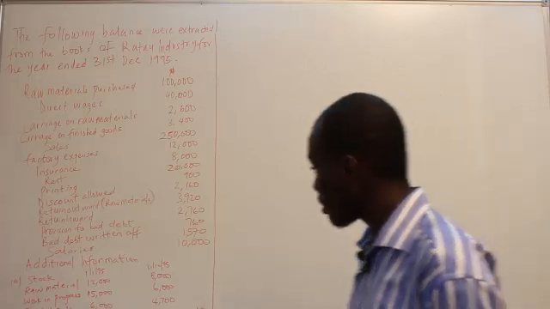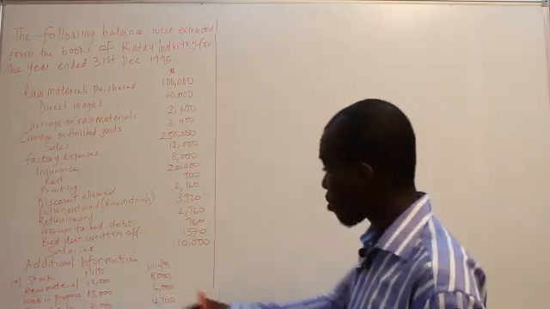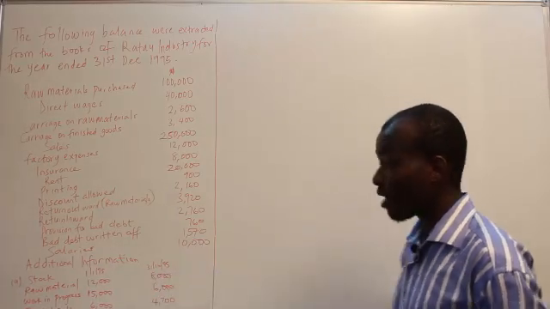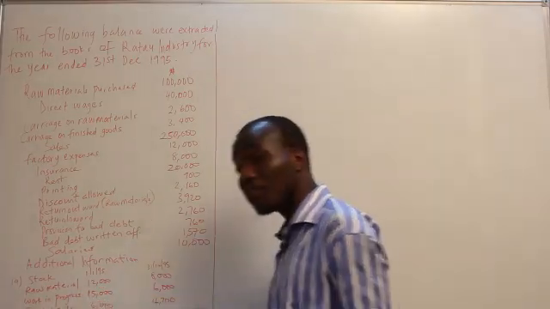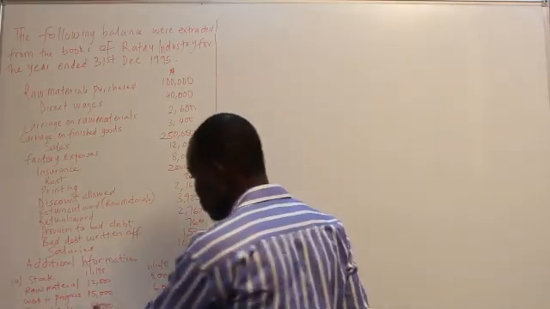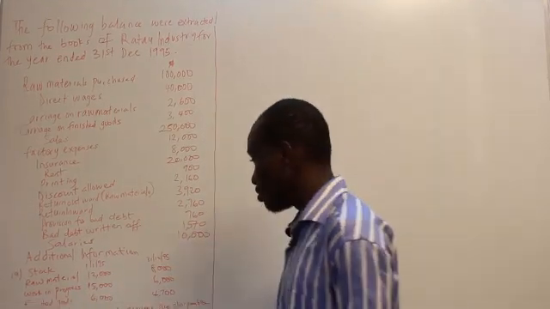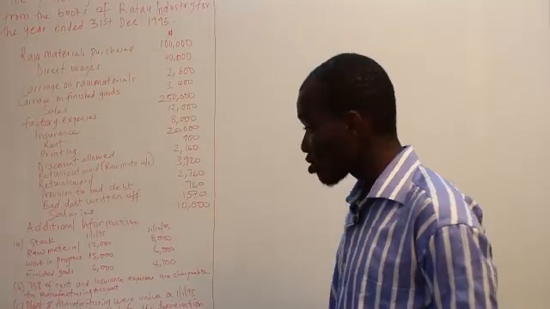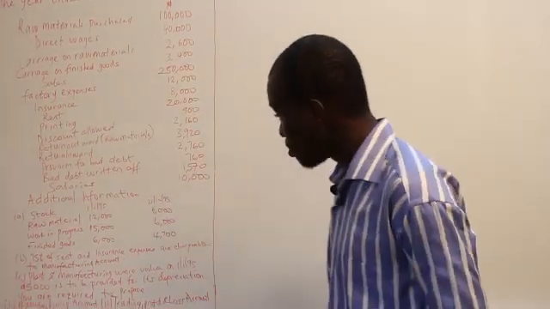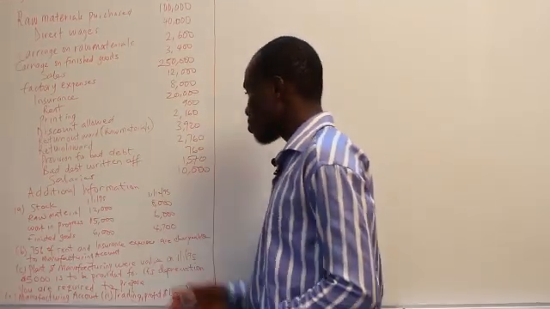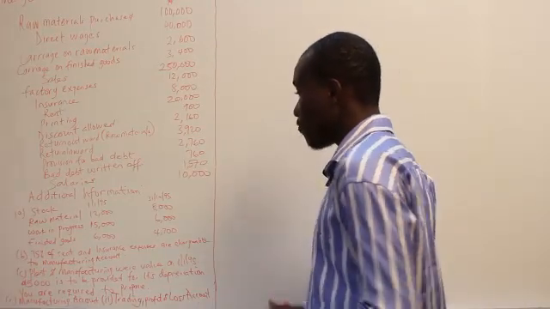So the stock at 1st January 1995, and the stock at 31st December 1995. We have the raw materials, the work in progress, partly finished goods, and the finished goods itself, the goods that have to be sold. The opening stock of finished goods is 6,000 naira, and we have closing stock of finished goods, which is 4,700 naira.